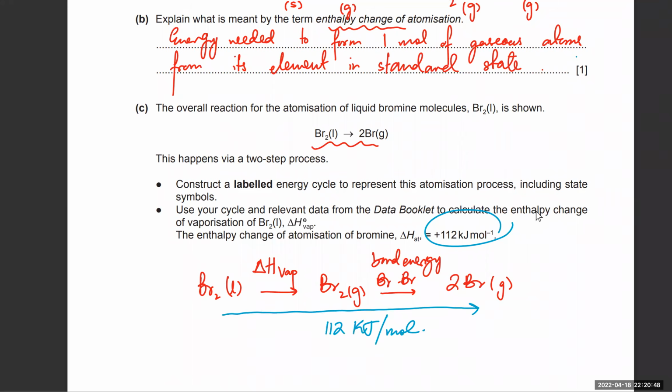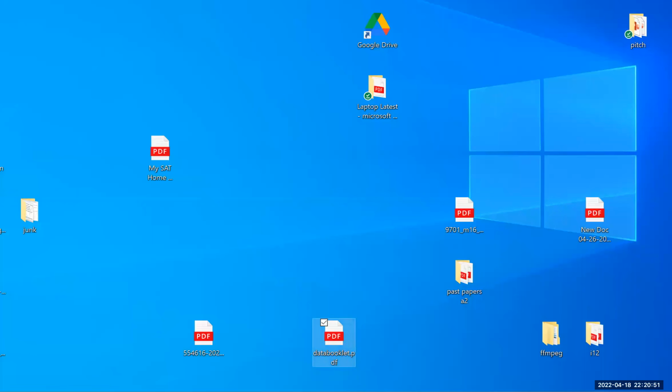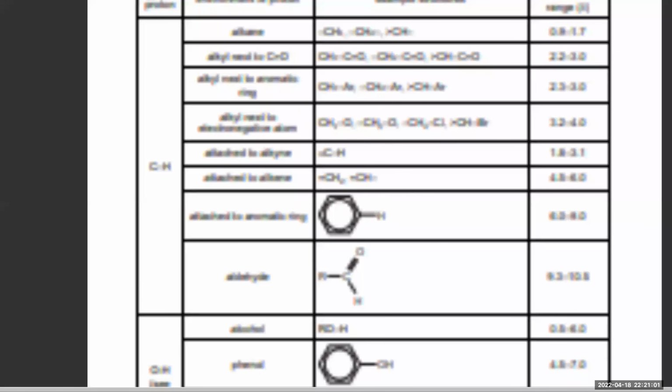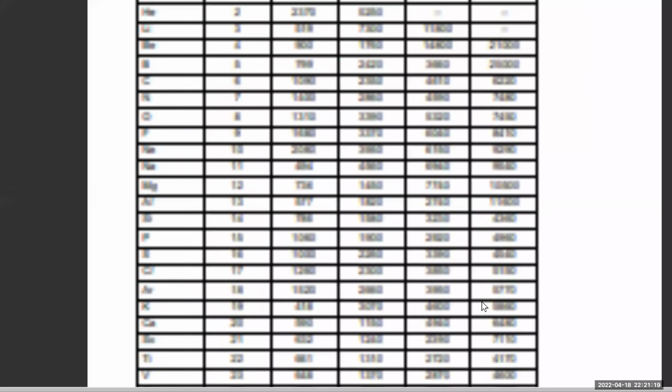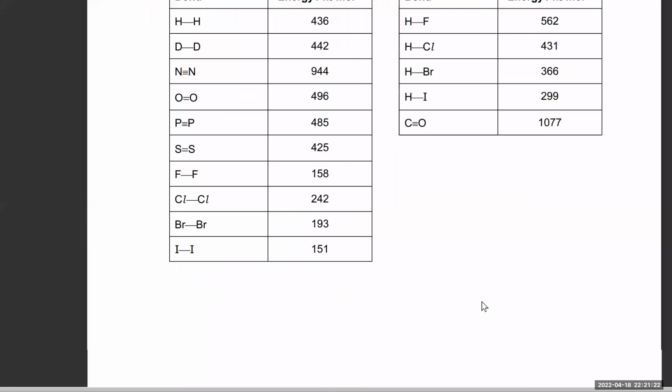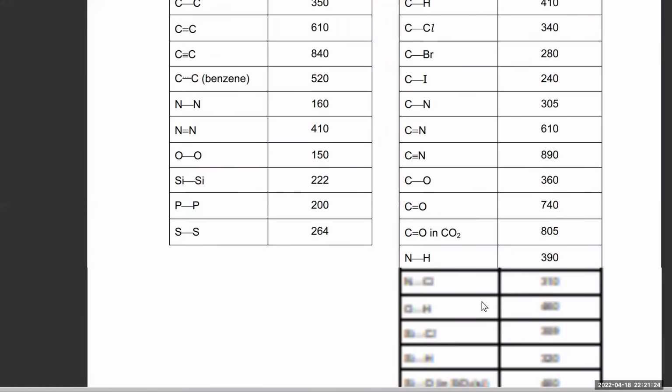I'll just quickly open the data booklet and look for the Br bond energy, which is right at the start.